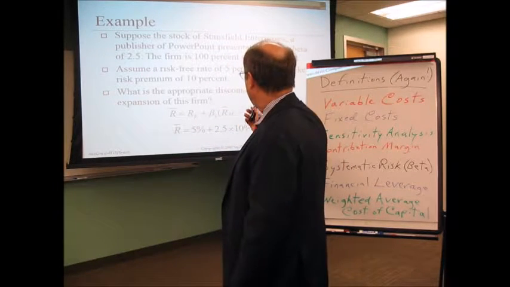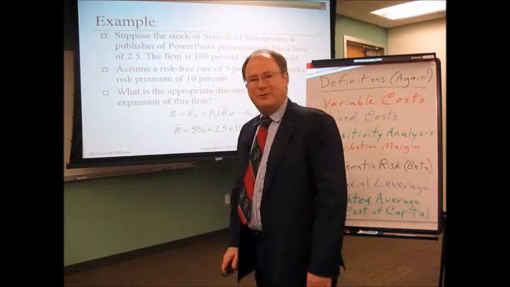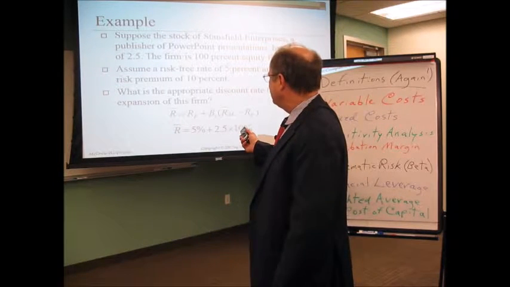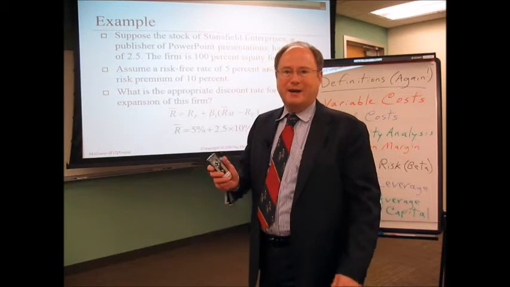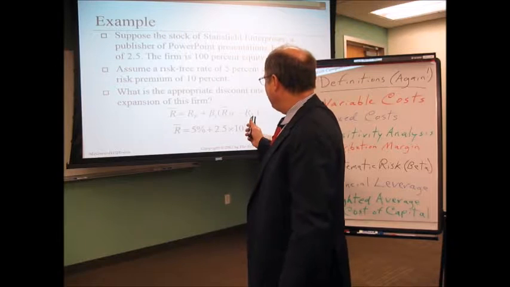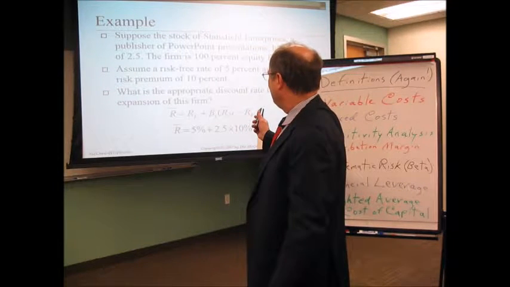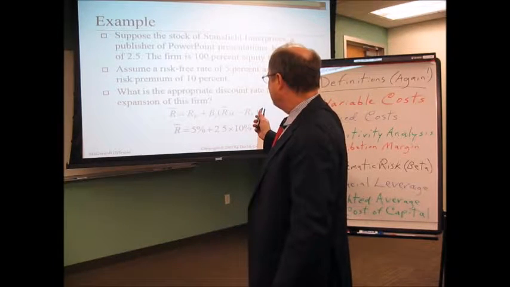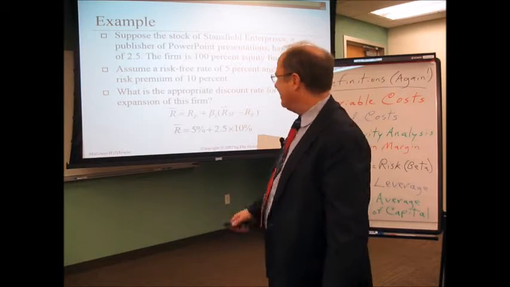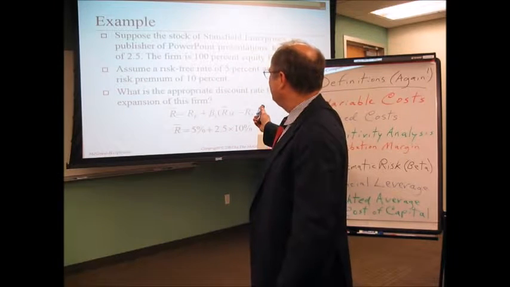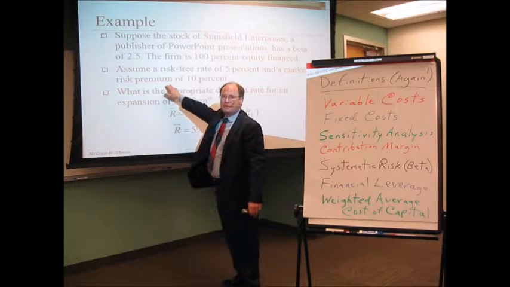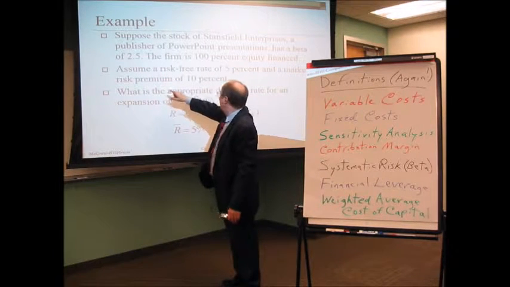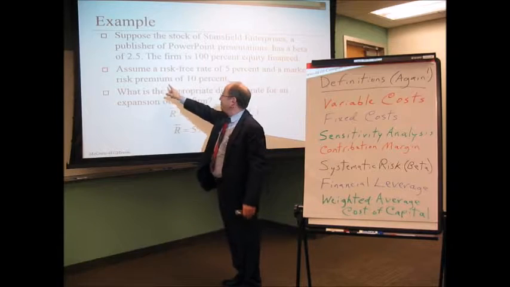The overall cost of equity for this firm would be 5%, which is the risk-free rate, plus 2.5, which is the beta, times the market rate of debt minus the risk-free rate of debt. Now, I'm embarrassed to say, we needed to explain there's a difference between the market rate of debt and the market risk premium.